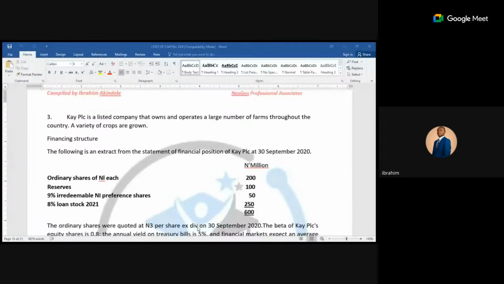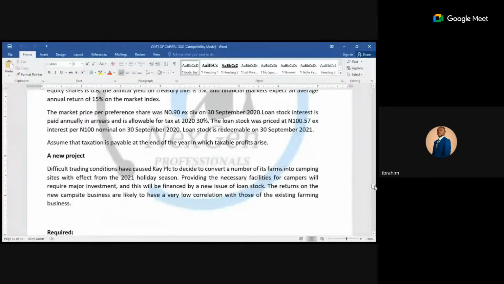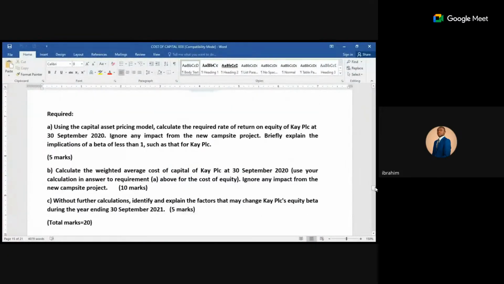We actually have a principle here, right? To solve any question, we have to read the required, because when you understand the required, it is assumed that you have solved 60% of the question. Okay, please, let's start from the requirement. Taiwo.